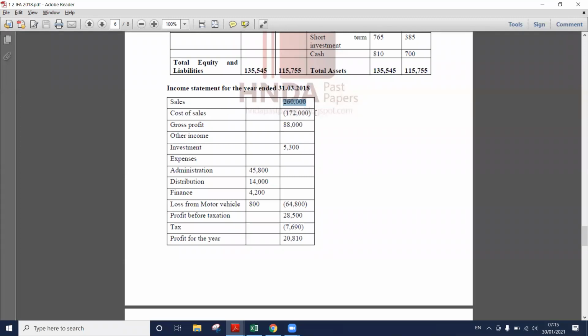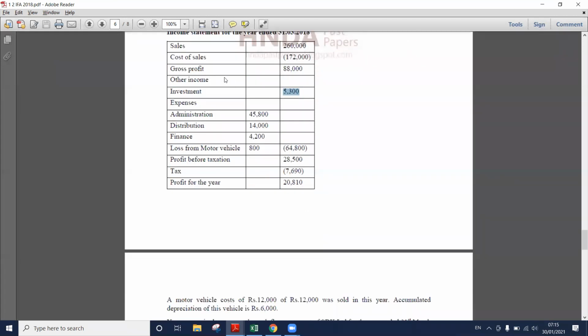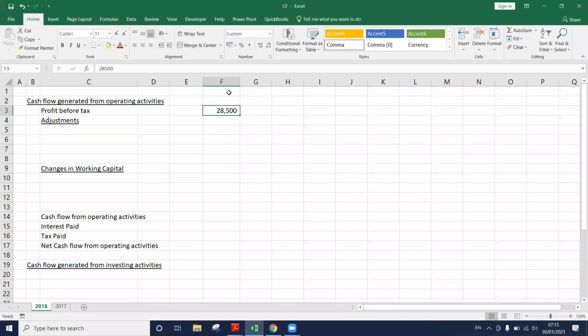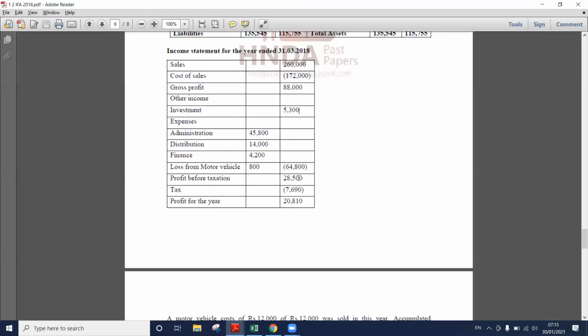But in this case, we cannot say anything, even about cost of sales. See here, investment, another income source for us. Investment 5,300, right? So what can you say about this investment amount? Investment income amount 5,300. Is it included in here? Yes, right? So when calculating this 28,500, we have added this 5,300 as well.